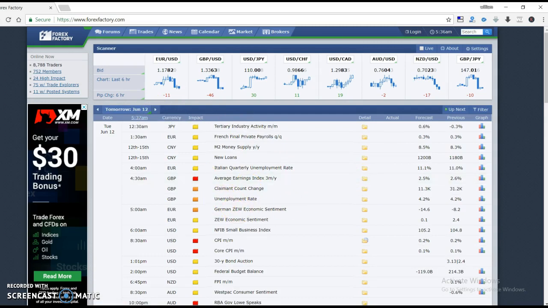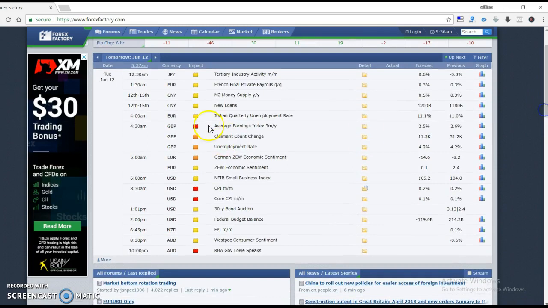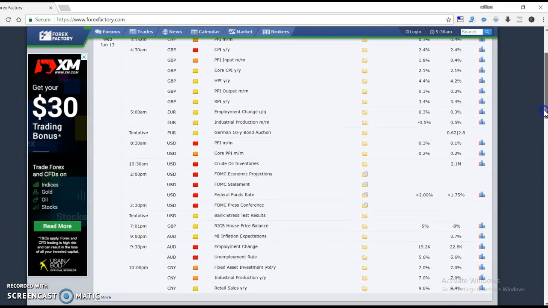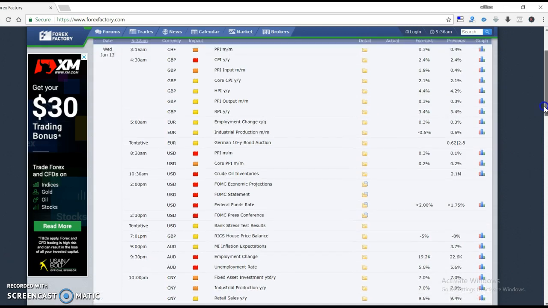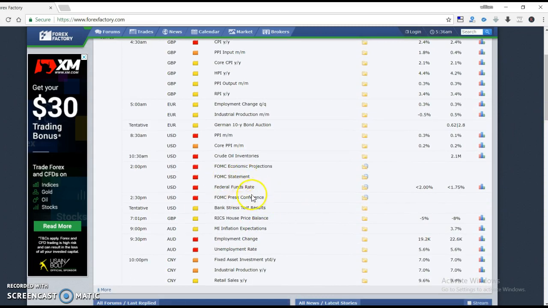A lot of news this week. We've got CPI tomorrow, inflation in the US, average earnings in the UK. Big federal funds rate this week, and CPI on Wednesday, so a big week on the pound and the US. We'll have a look at these currency pairs in a minute to see what could possibly happen.